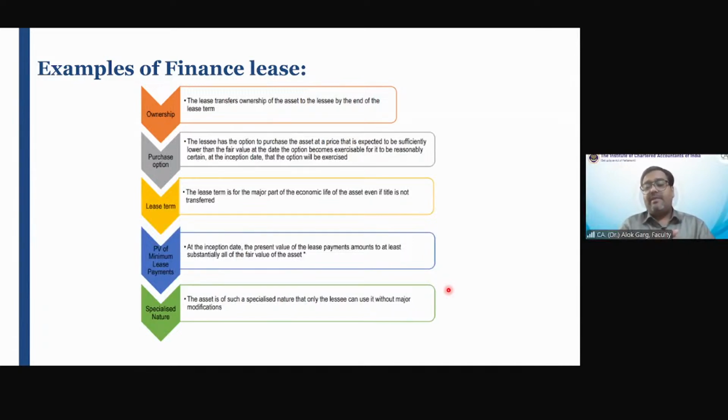Because if lessor has not transferred the risk and reward to the lessee, it means lessor continues with the asset. Lessor will use the asset in future. Lessor will earn the future economic benefit, and hence it is kind of an operating lease. It is an operating lease where the lessor will continue to recognize the asset. Lessor will continue to show the asset in its books of accounts. Okay, is that clear?